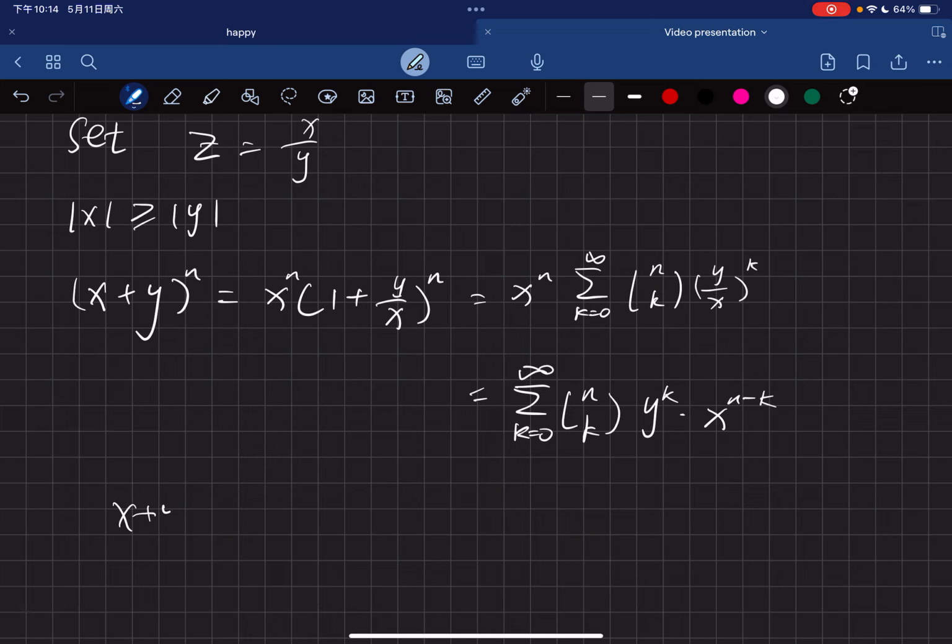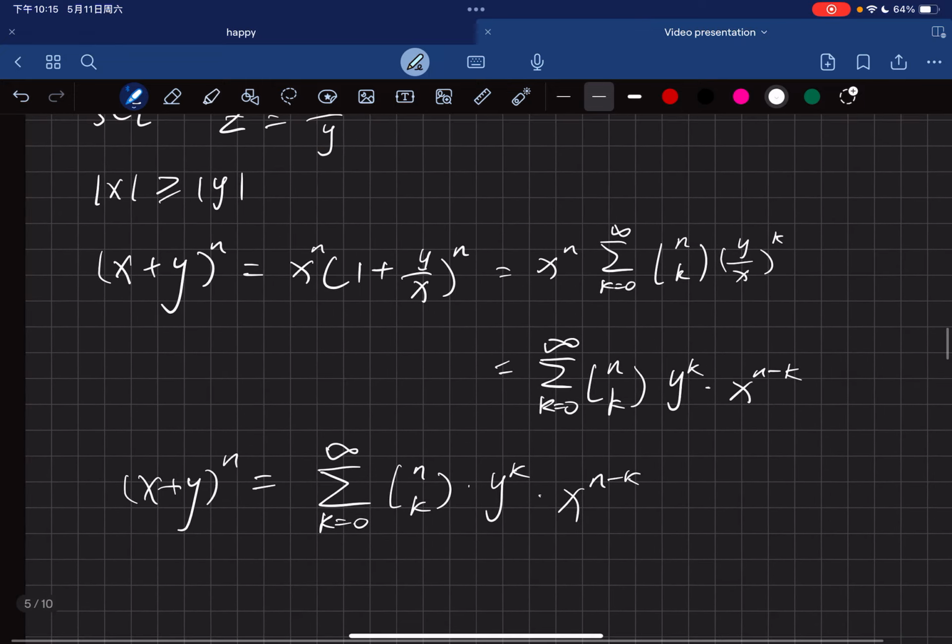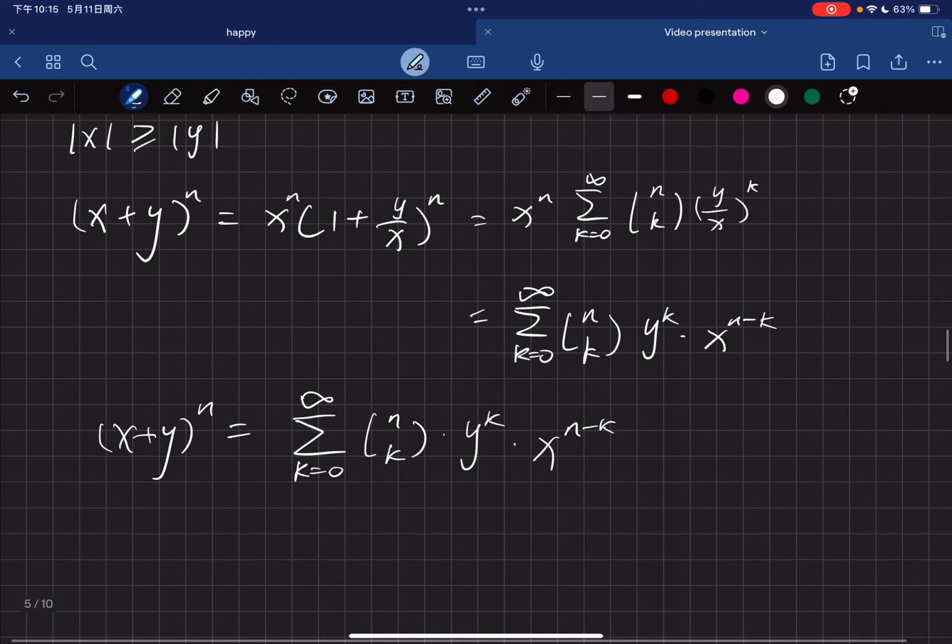This is the equation that we want: x plus y to the power of n equals the sum from k equals 0 to infinity of n choose k times y to the power of k times x to the power of n minus k.